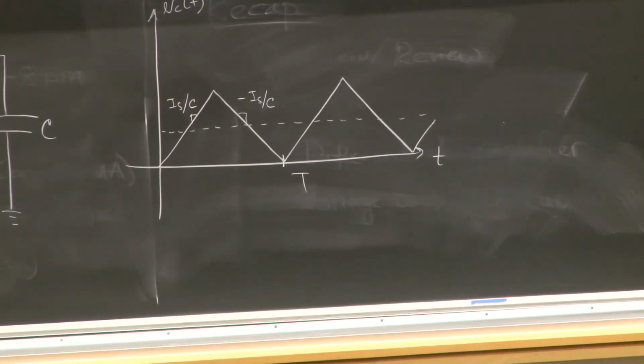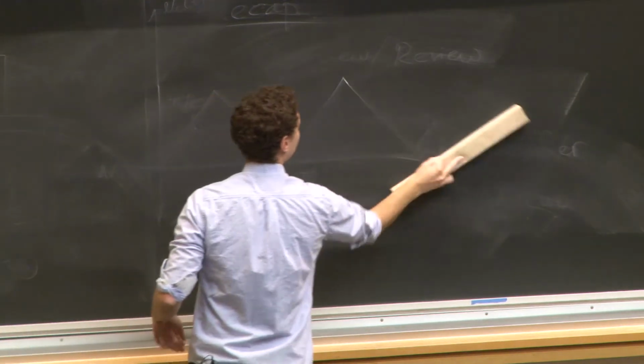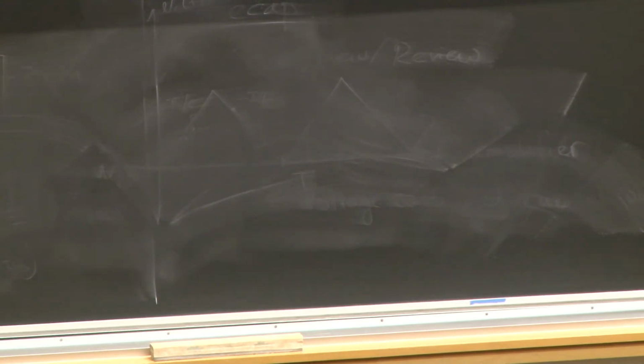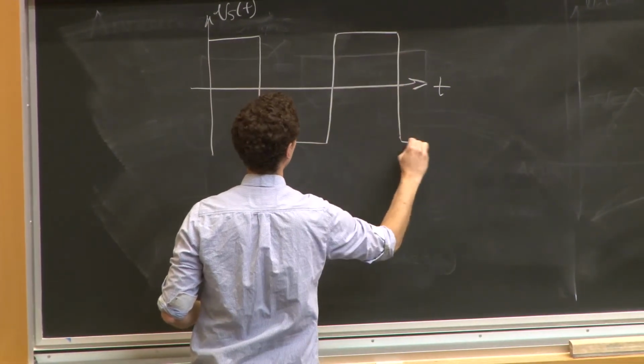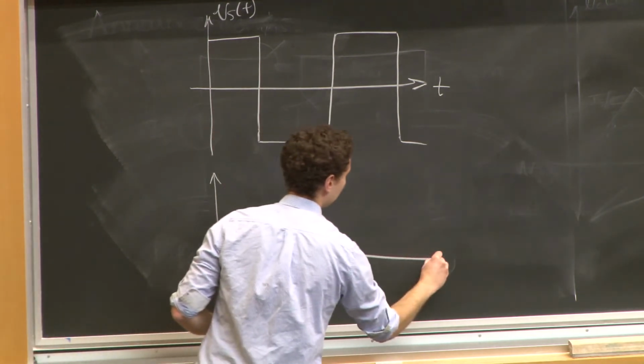We operate under the assumption that we can somehow get this switching waveform. So here's Vs of t and t. So this we get magically for now, and we'll see how we actually can figure out how to get that from the circuit itself.